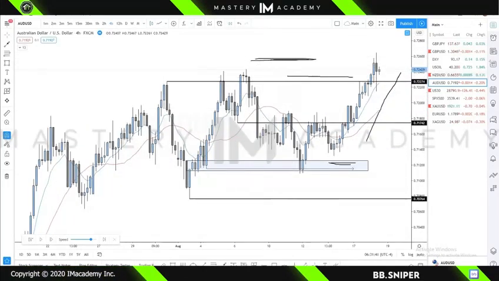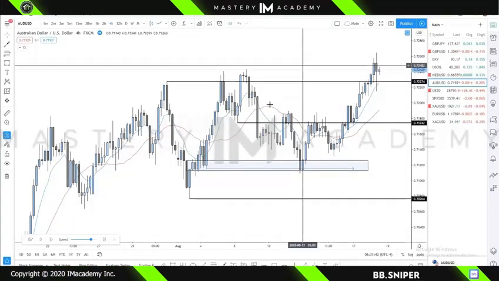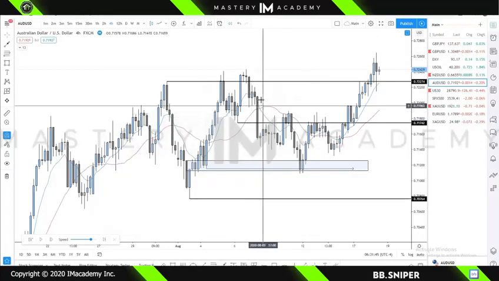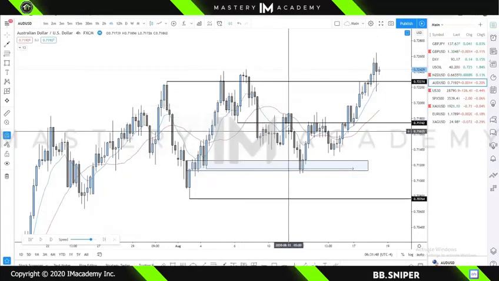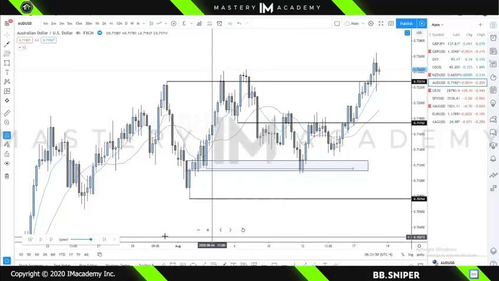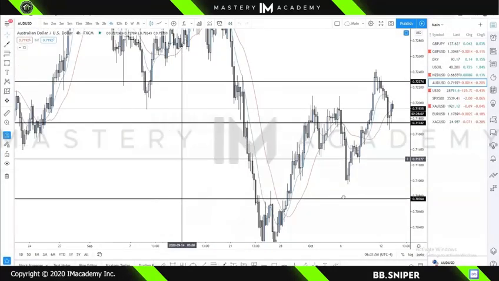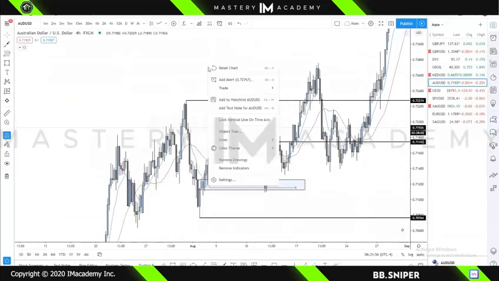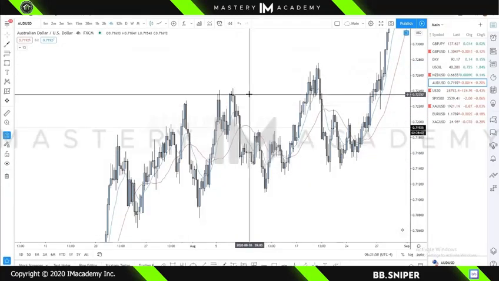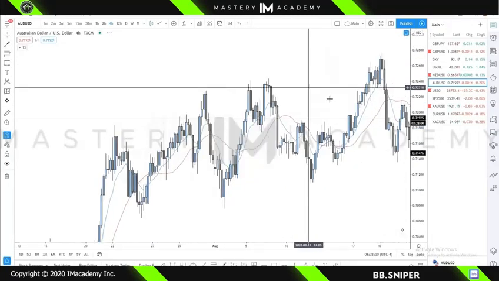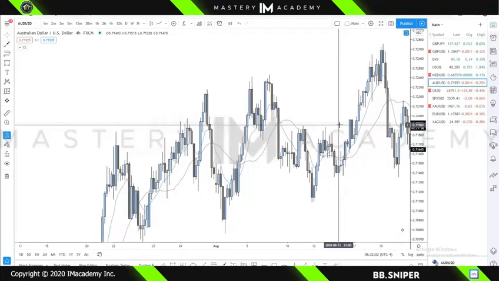Right, and it does that. So again, after internal liquidity is captured, it then is going to seek for external. After external is captured, it is then going to seek for internal. Right, and then just watch this, guys. Watch how the process repeats itself over and over.